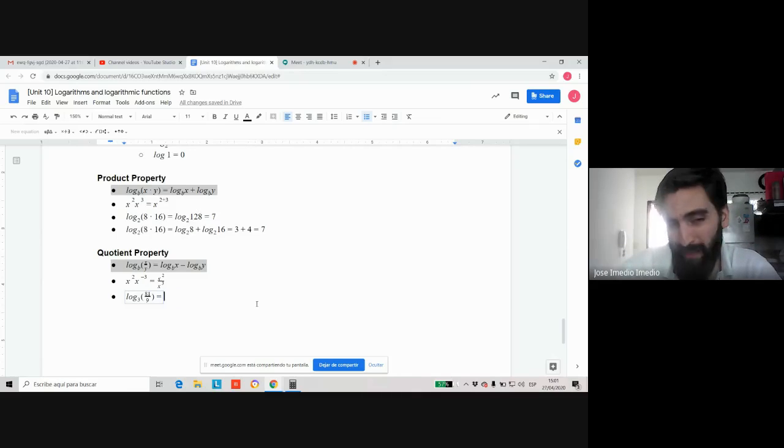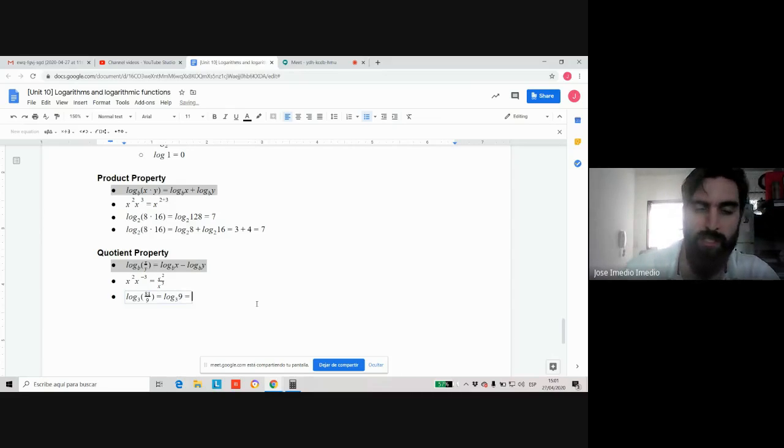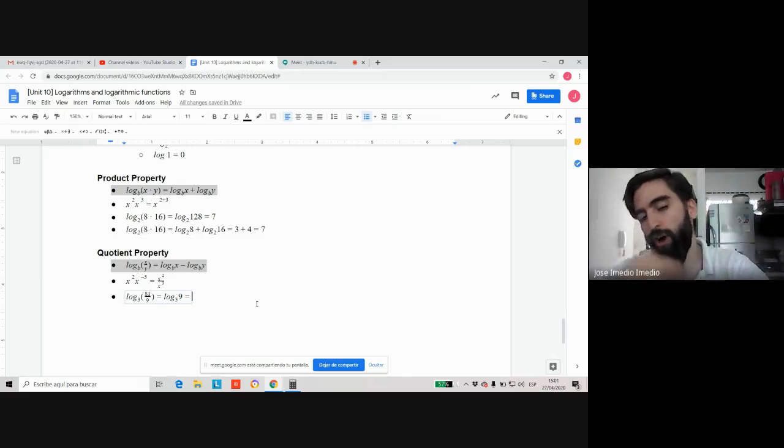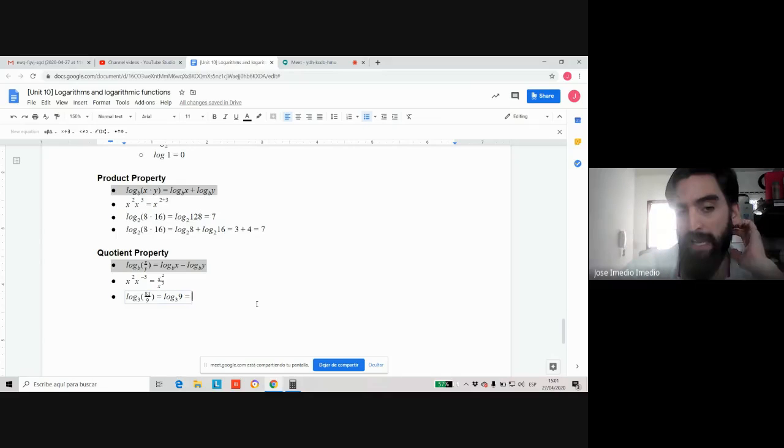It's going to be correct anyway, but I think it's more illustrative this way. So this is going to be the logarithm base 3 of 81 divided by 9, which is 9. The same as the logarithm base 3 of 9. This is the same as saying 2.